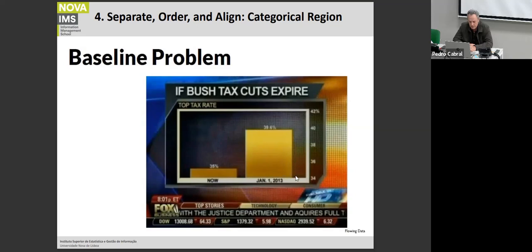Whenever you see these kinds of situations, maybe you are being a victim of manipulation, because the person who did this maybe wanted to create a more impactful visualization. If this started at 0, these differences would not be so meaningful, okay?